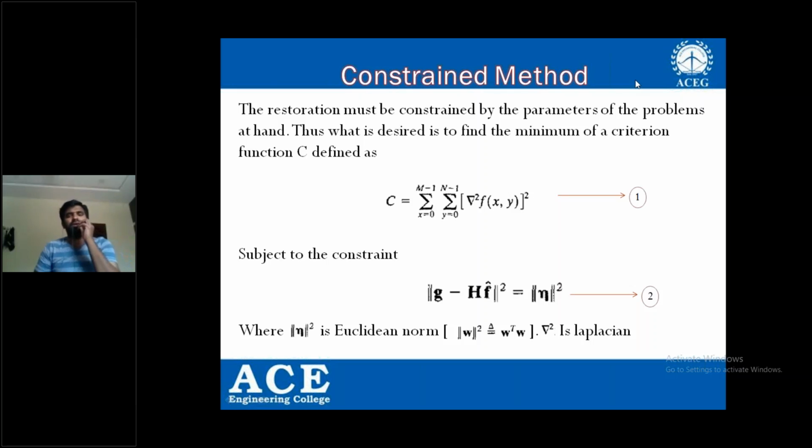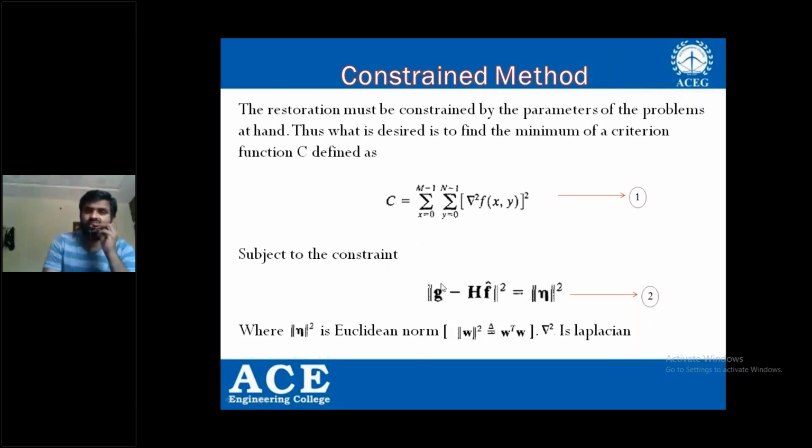The gradient operator and Laplacian operator will give the changes. So by finding the changes, we need to minimize the changes here, irrespective of the noise, whether it is present or not. So how do you minimize? By taking a constraint. So what is the constraint here?